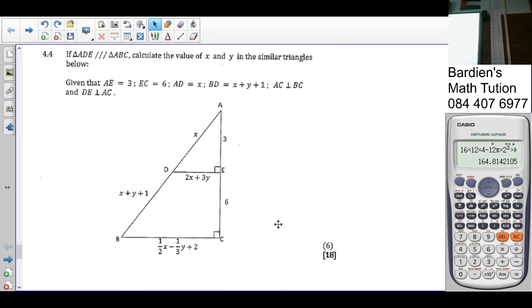Okay, in question 4.4, we are told that triangle ADE, the small triangle here, is similar to triangle ABC. If that is the case, what do we know? The two triangles are similar, what do we know?